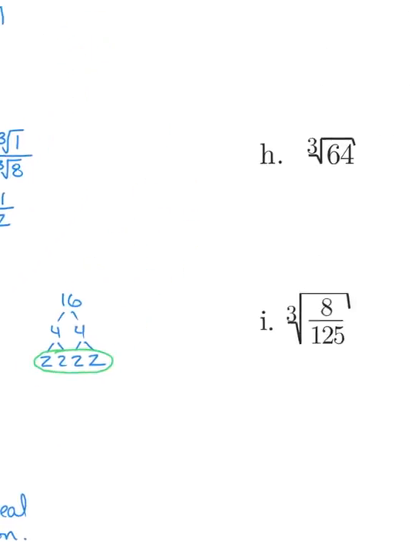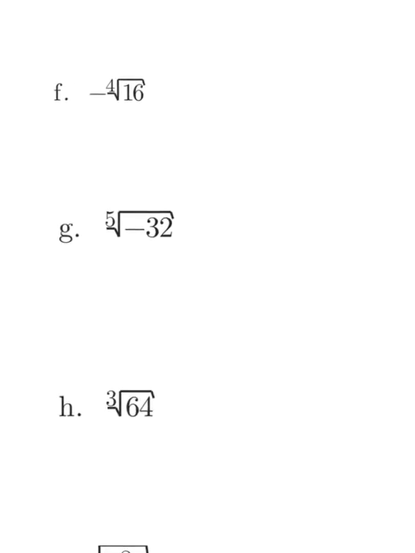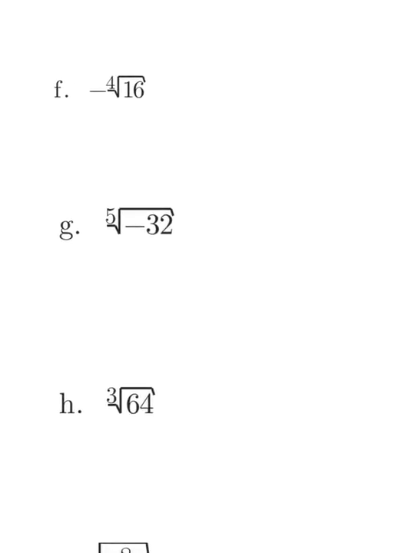All right, let's see what else we can do. Let's come up to minus the fourth root of 16. Now we can have the negative on the outside. We know that the fourth root of 16 is 2, and we keep our negative as it is on the outside.